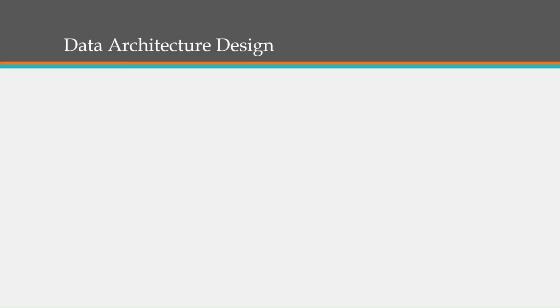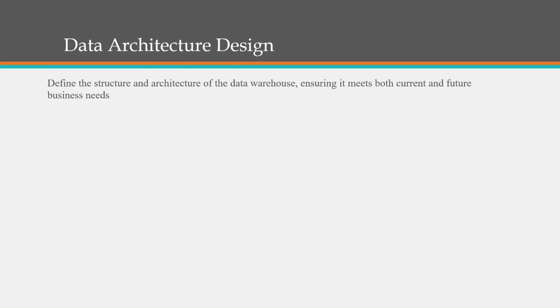Next is data architecture design. It defines the structure and architecture of the data warehouse, ensuring it meets both current and future business needs. When designing a data warehouse, one of the most important decisions you'll make is how to organize and structure your data.